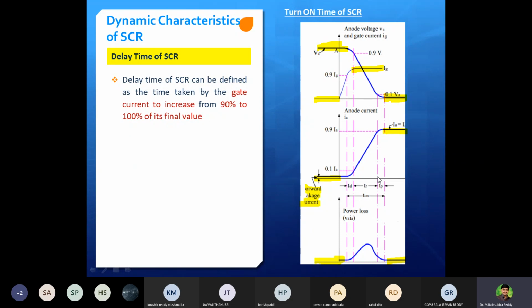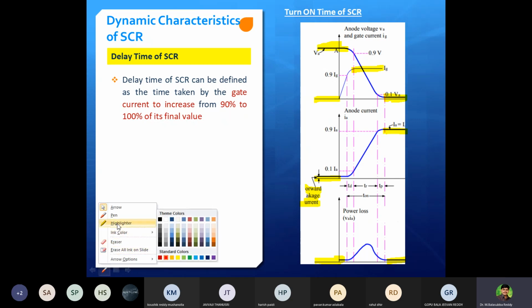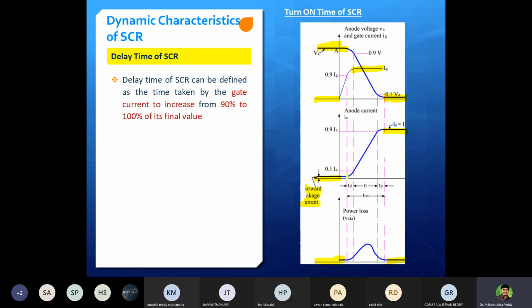One is with respect to the gate current. We can observe the delay time here from this point. Here you can see the gate current. If we consider this portion, I call it the delay time in the gate.